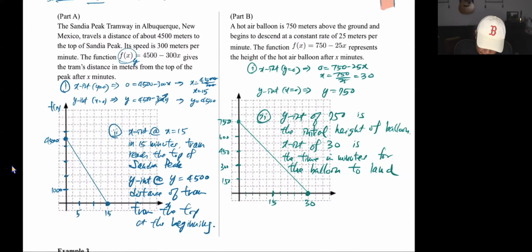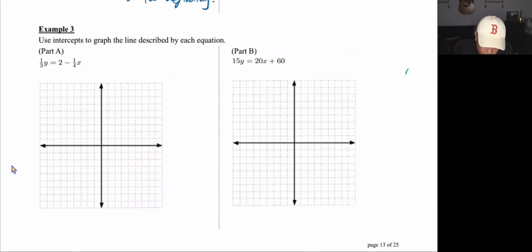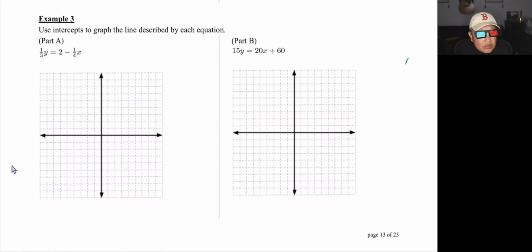All right, guys. Now, example 3 is more of the same, right? It's asking you to use the intercepts to graph the line described by each equation. Same thing, we have an x-intercept and a y-intercept.